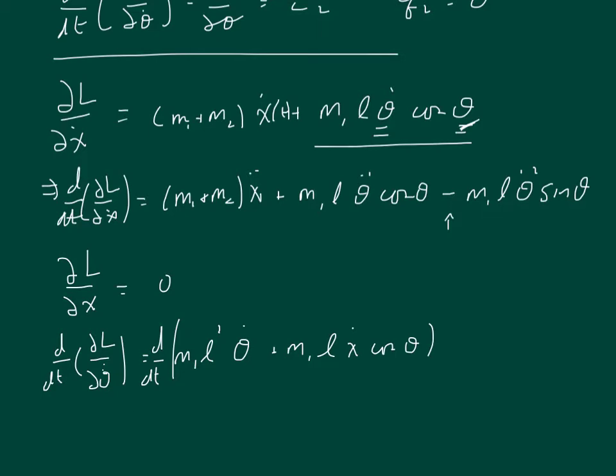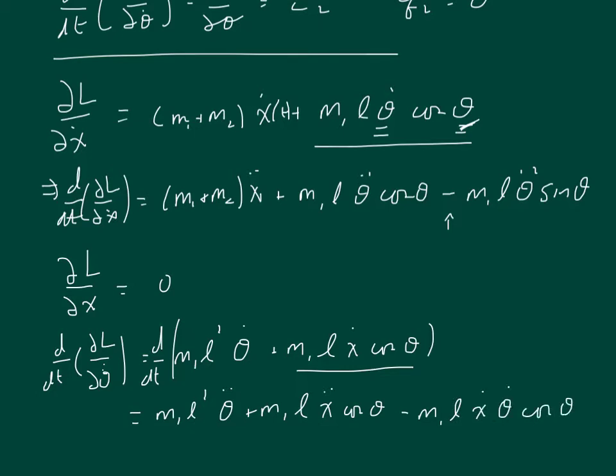And when we take the derivative then, we get m1 L squared theta double dot, and then we have to use the chain rule here, plus m1 L x double dot cosine of theta minus m1 L x dot theta dot sine theta.